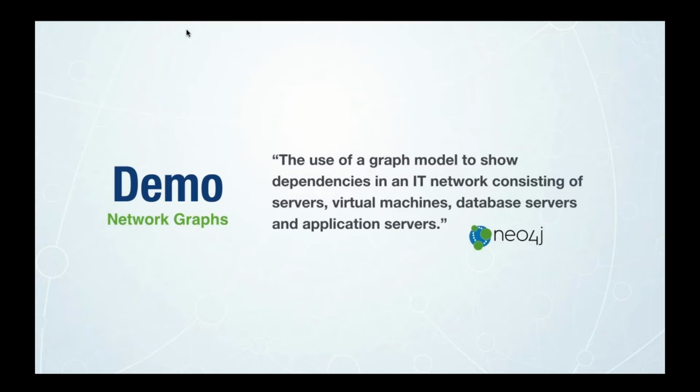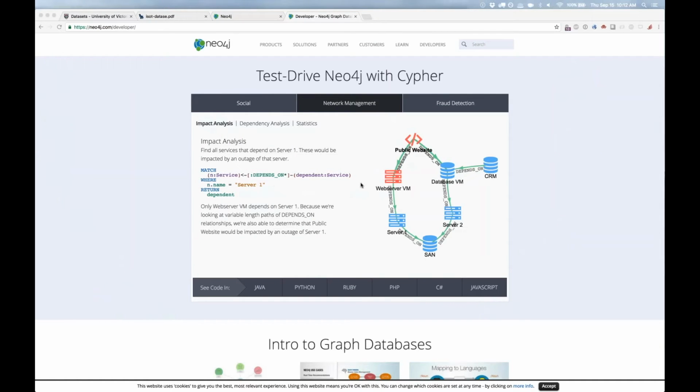Great, thanks, Alessandro. So as Alessandro said, what we're going to do here is model a very simple IT network, and we're going to look at a few different use cases and how we would use Cypher to query this network to answer some real-world questions.